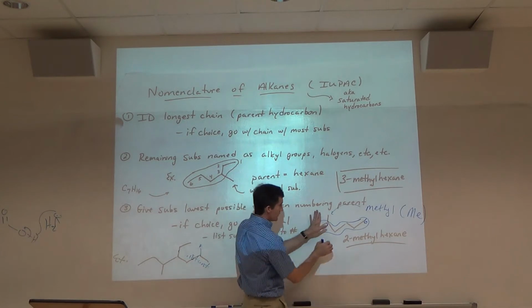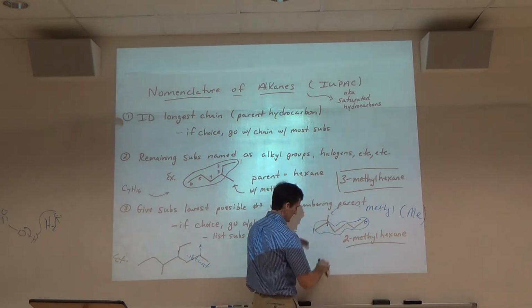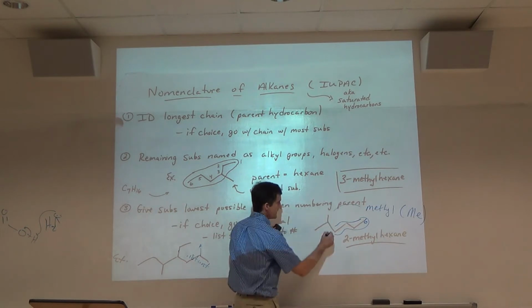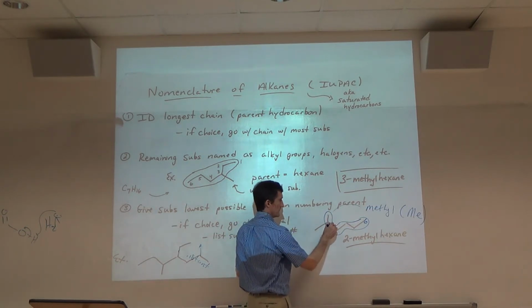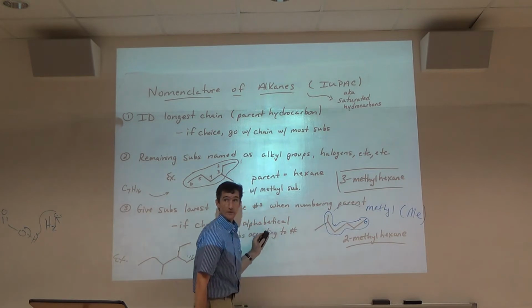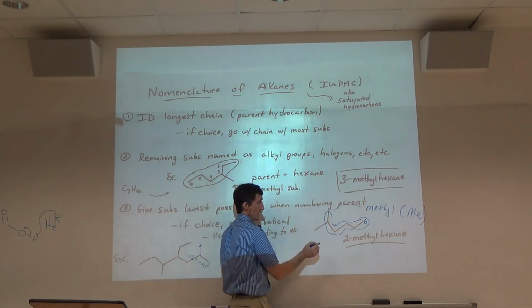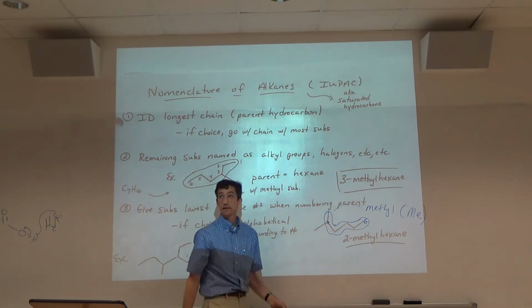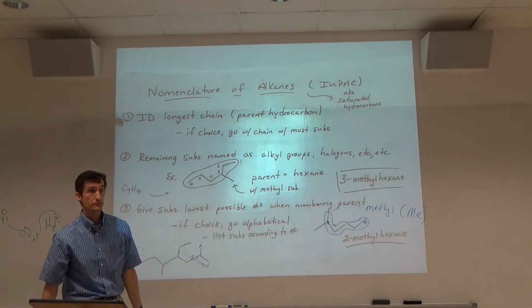If you're thinking that you wanted that to be the longest chain, then I'm going to erase it. Probably don't do it on your paper. What if I made that the longest chain? It's also 6. And what would the name of this be? It's still 2-methylhexane. Okay?